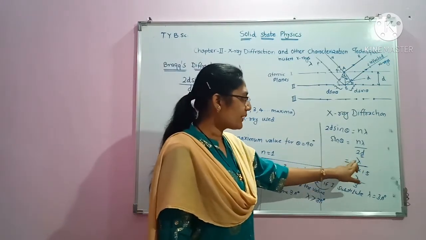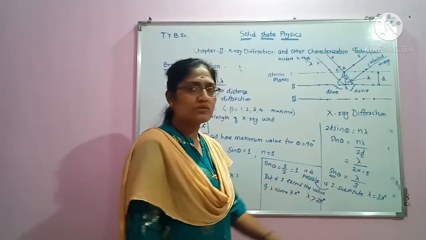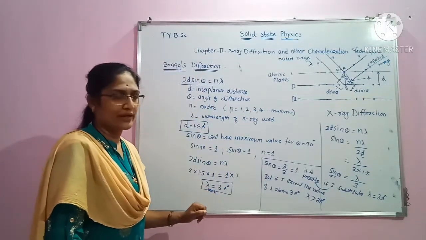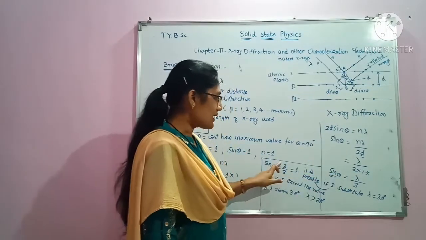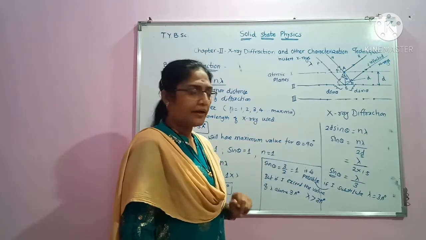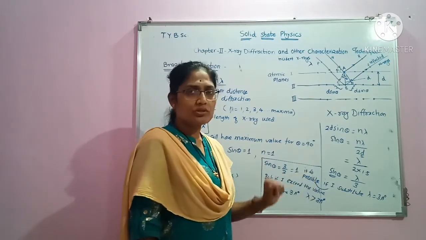Then we have obtained the formula lambda upon 3 is equal to sin theta. Just now we have calculated the lambda value as 3 angstrom. So when I substitute lambda as 3 angstrom upon 3, it gives me 1. It means that the sin theta value comes out as 1 and it is possible.